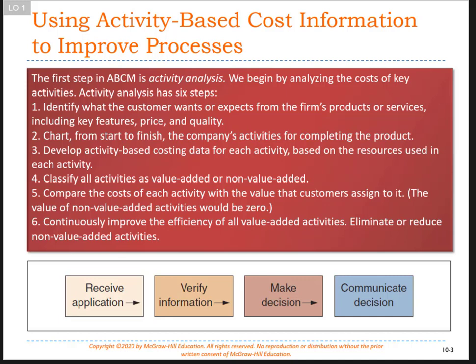Okay, so then once we know what the activities are, we're looking for what costs happen because of those activities, right? That whole idea of a cost driver. What do those activities cost us on an individual basis, in how much time they take or in resources that are used? Okay, so try to put it in terms of dollars.